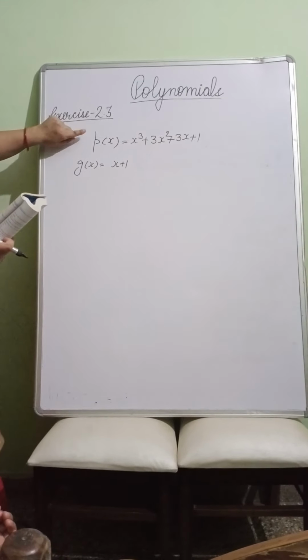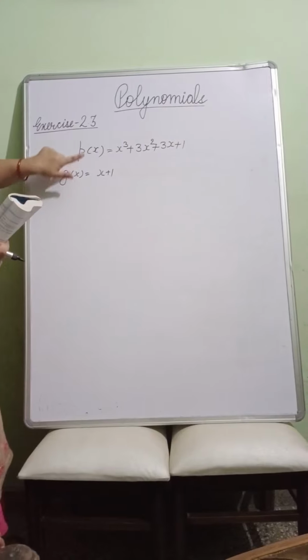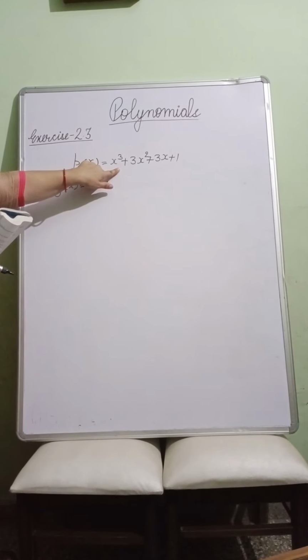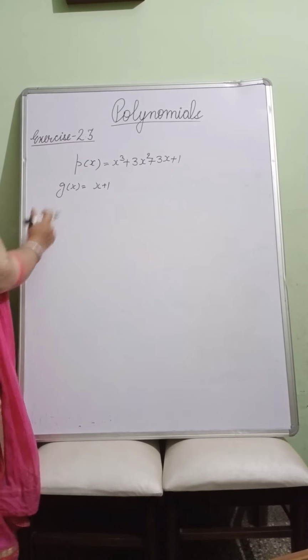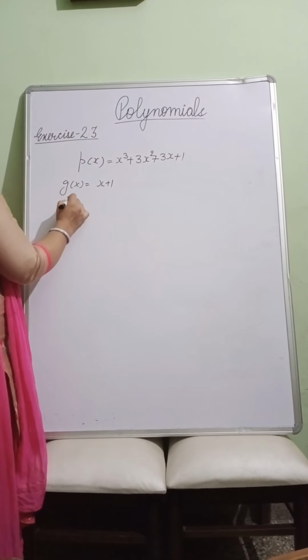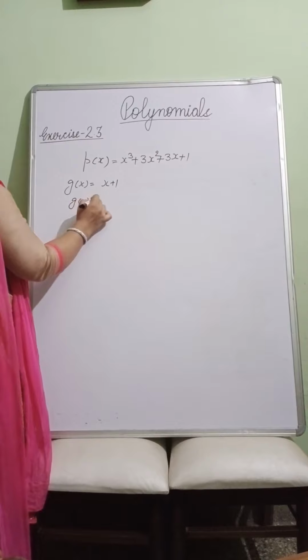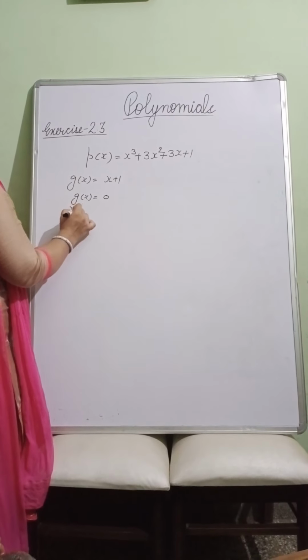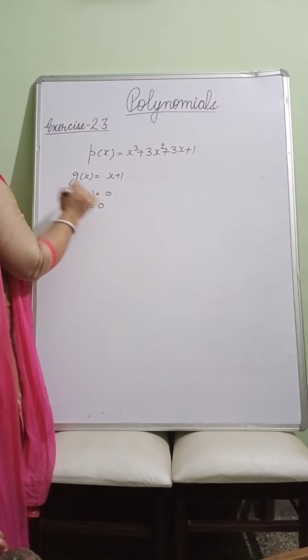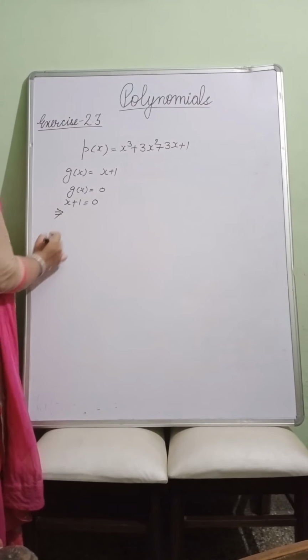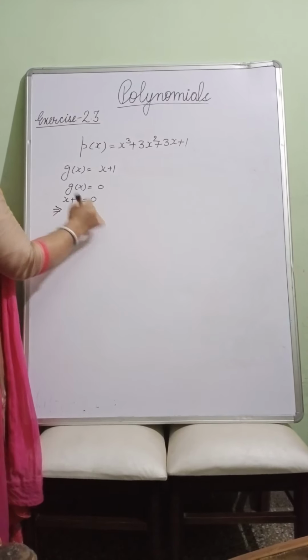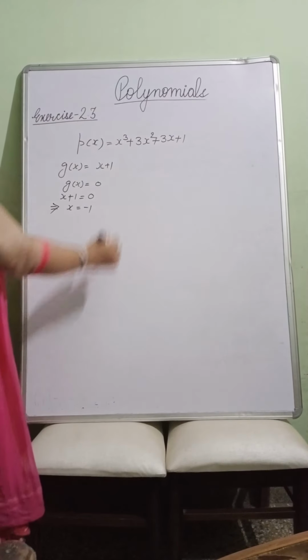Now we have to find out the remainder on dividing this polynomial by this. So first of all, what I told you, students, we equate this g(x) equals to 0. That means x plus 1 equals to 0. This implies x equals to minus 1.